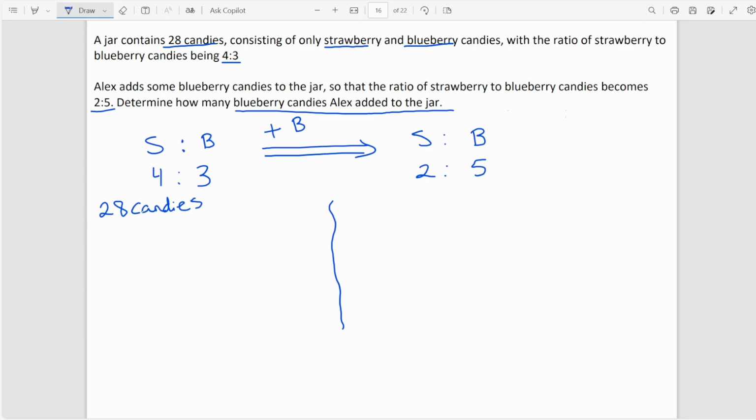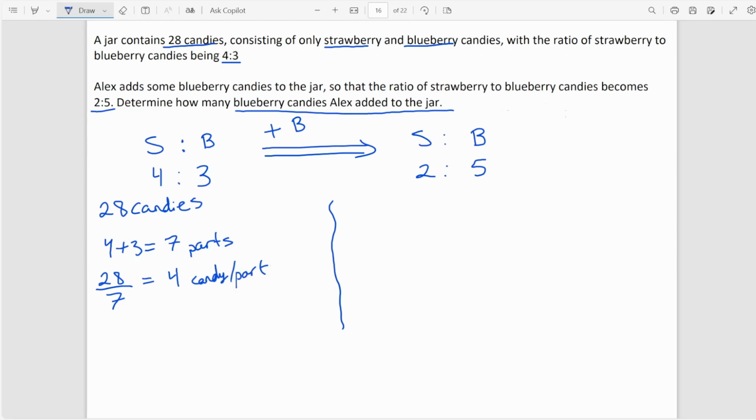So again, we want to figure out as much information as possible from before. Now, I can easily figure out the amount of strawberry candies that I had and the amount of blueberry candies that I had. We do this by finding how much each part represents. Firstly, I'm going to add the parts. So 4 plus 3 is equal to 7. And then I will divide 28 by 7. And 28 divided by 7 gives us 4. This is the candy per part.